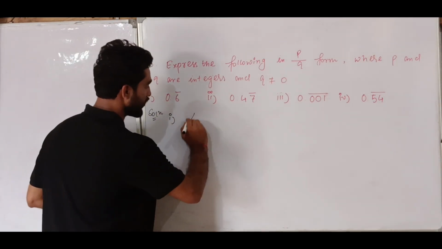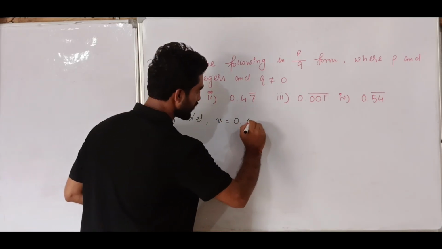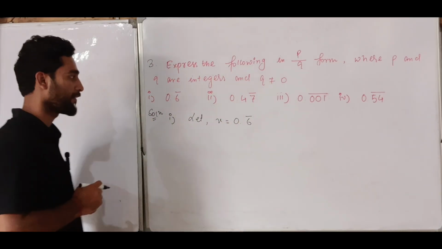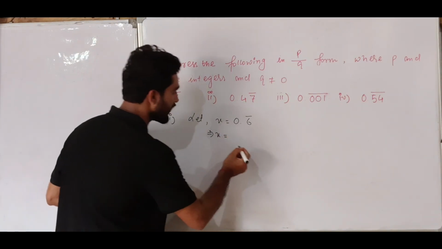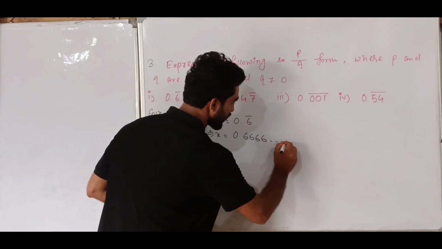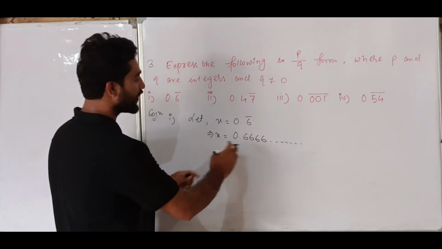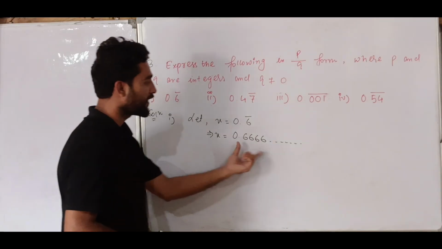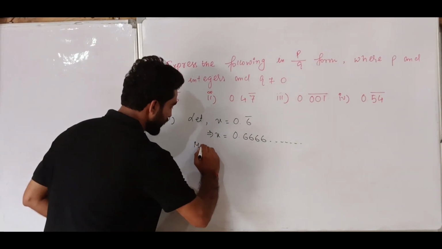So the first question is 0.6 bar. So let x is equal to 0.6 bar. Now what does this mean? This means that this 6 will be repeating. Now multiply both the sides, left hand side and the right hand side, by 10.